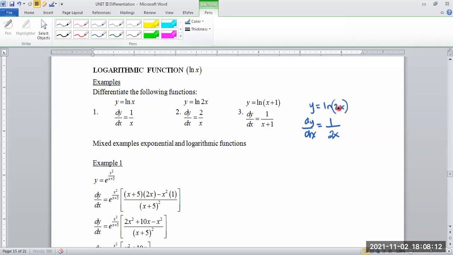In this case, it's 2x. And then I'm going to differentiate the same piece that I just highlighted. When I differentiate 2x, what do I get? 2, sir. I get 2. All right.